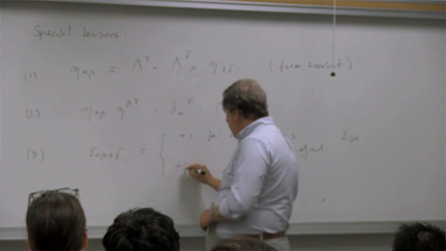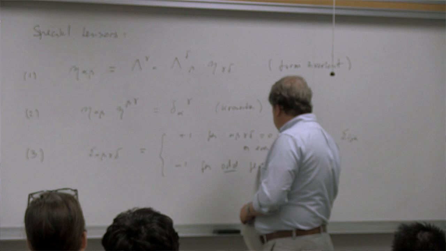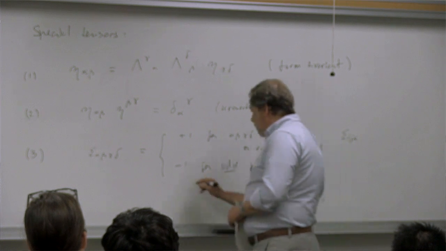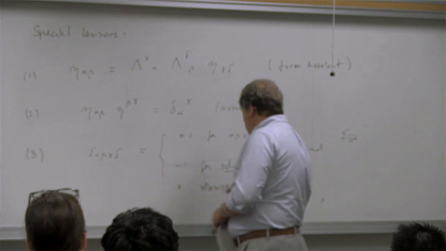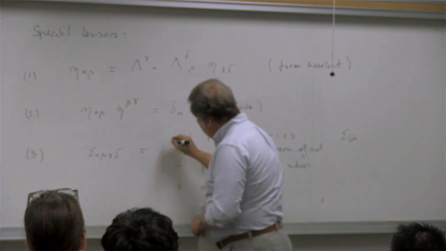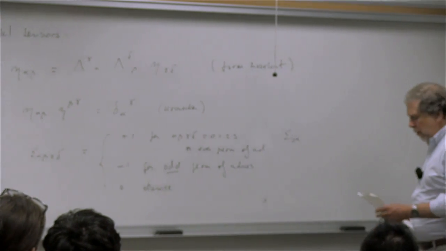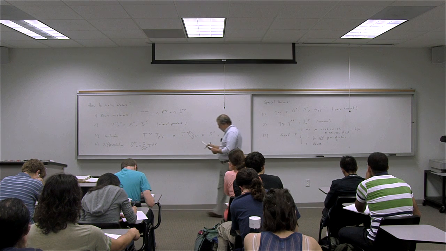It is -1 for an odd permutation of indices, and it is 0 otherwise. And so that is a tensor as well, even though we'll not prove it here, and that is also form invariant.